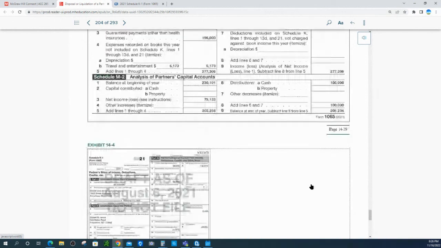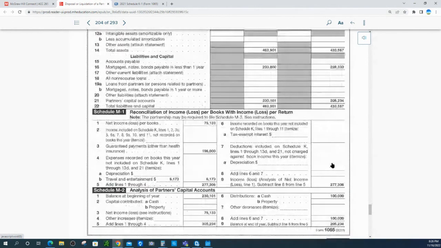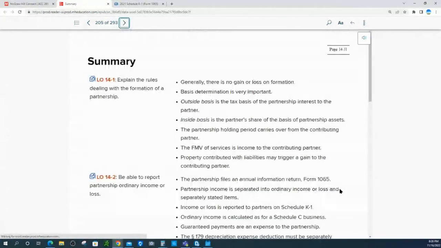Okay, this puzzles me. I'm going to have to look at that. So that's where everything would show up. And that's the chapter.